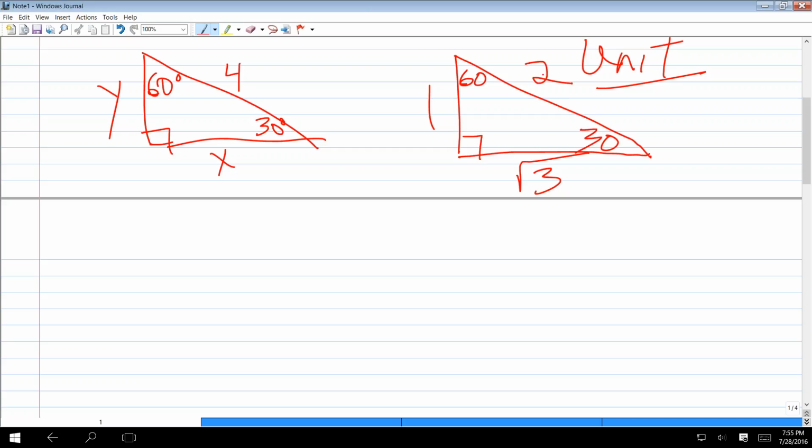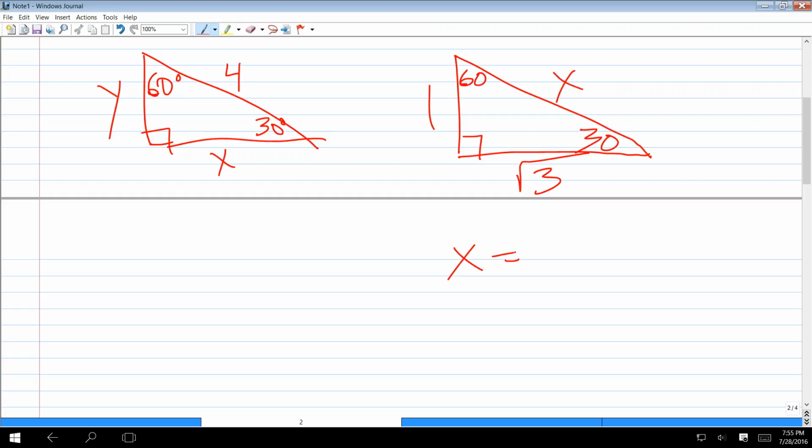And then the hypotenuse is 2. Now notice that if I have this as a problem, what would x be? What's the first words out of your mouth? Square root of.